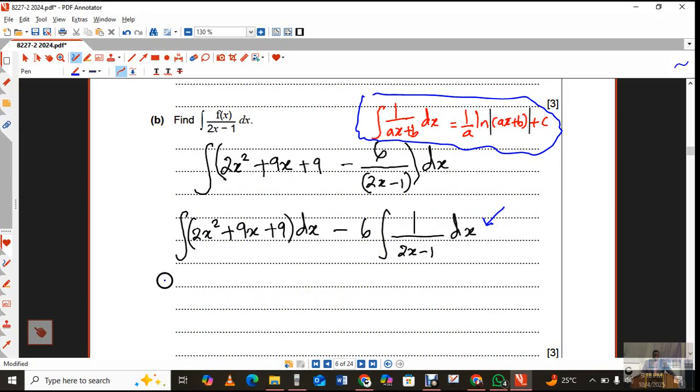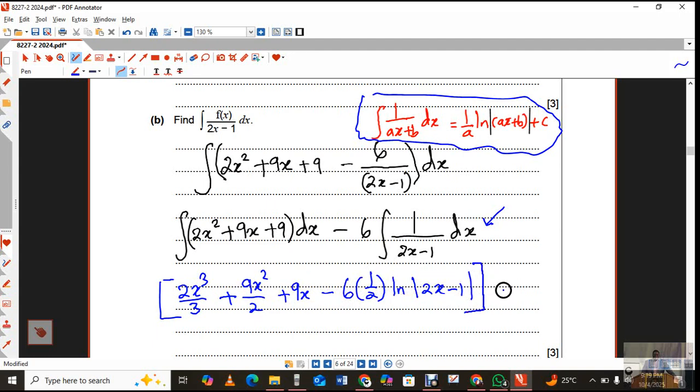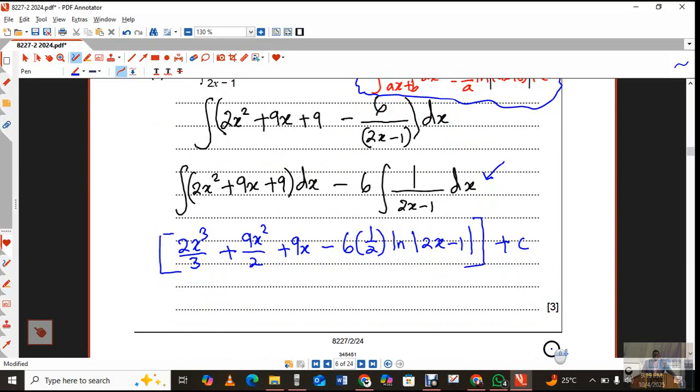Here, you can integrate like normal. That is 2x cubed divided by the new power, 9x squared divided by the new power, plus 9x, minus 6 times 1 over a, which is 1 over 2, and then the natural log of 2x minus 1, plus the constant of integration. The calculus is done.